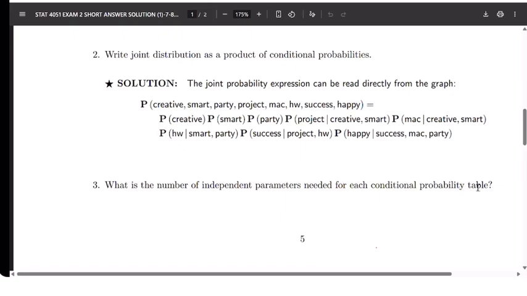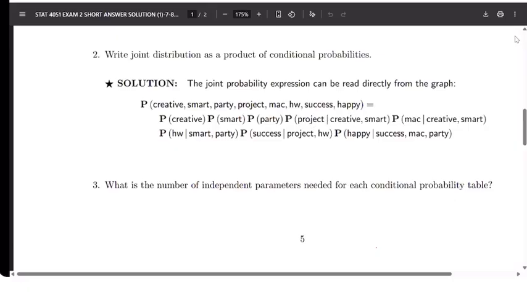They want you to figure out how many parameters I need to compute the probability of creativity, the probability of smart, the probability of party, and the probability of a project given creative and smart.